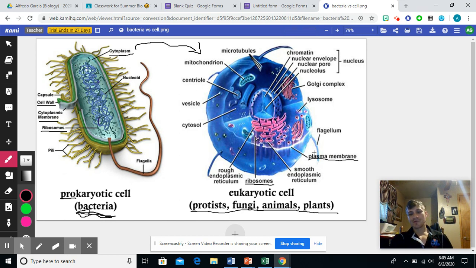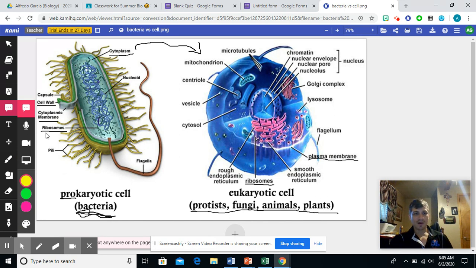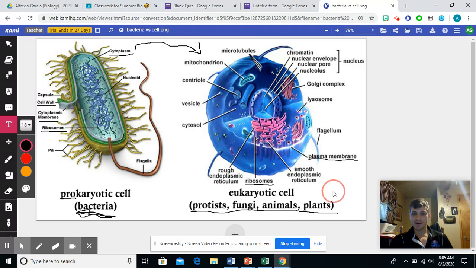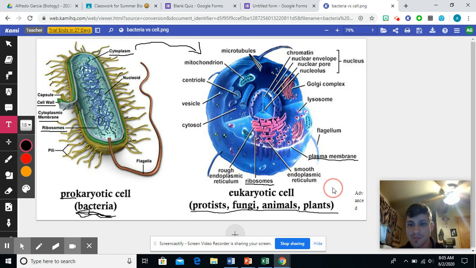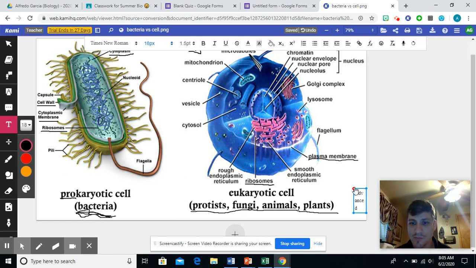The differences between them are going to be that eukaryotic cells are a lot more advanced. So, I'm gonna kind of just write that out here if I can find the damn text box. So eukaryotic cells are more advanced, the more advanced of the two.